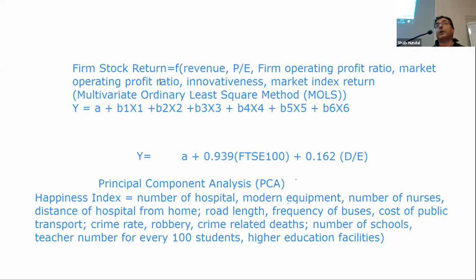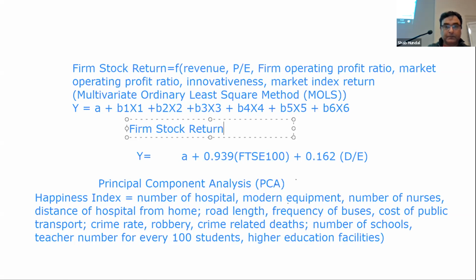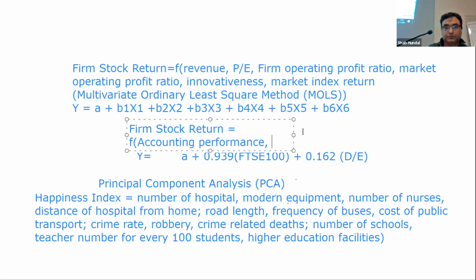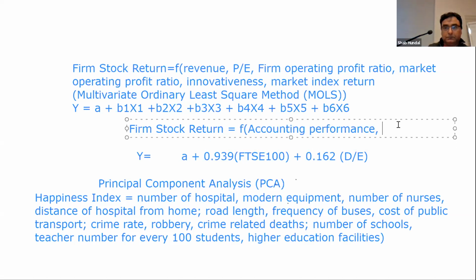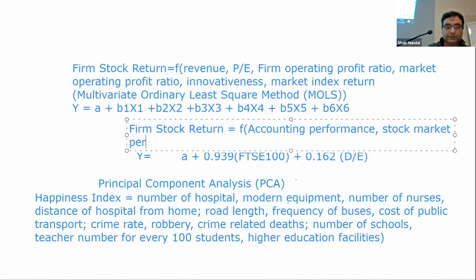So then my model would have been: firm stock return depends on accounting performance, stock market performance, and organizational phenomenon.